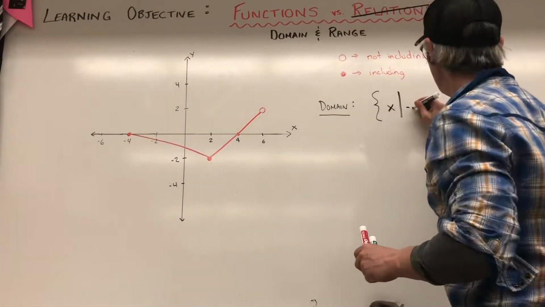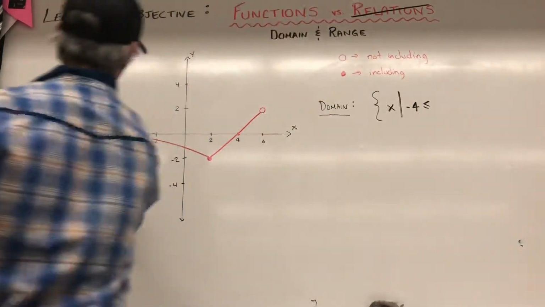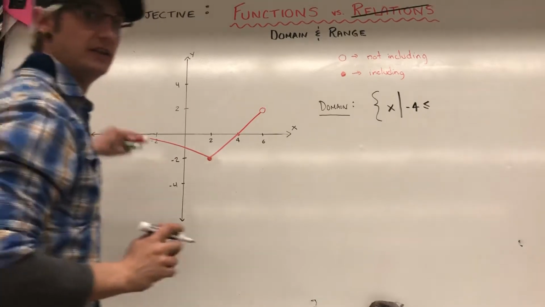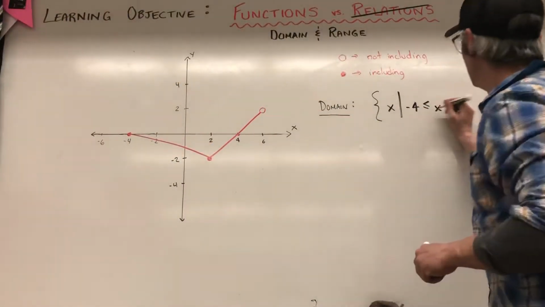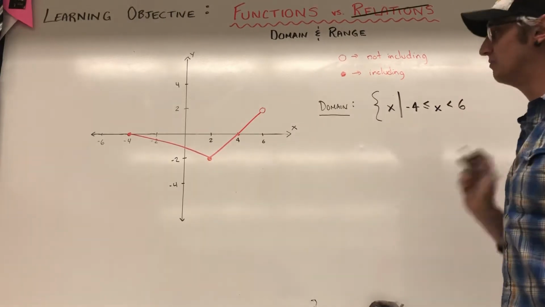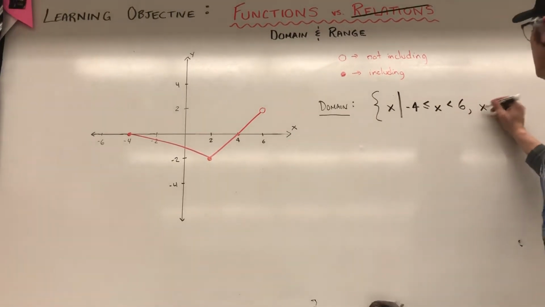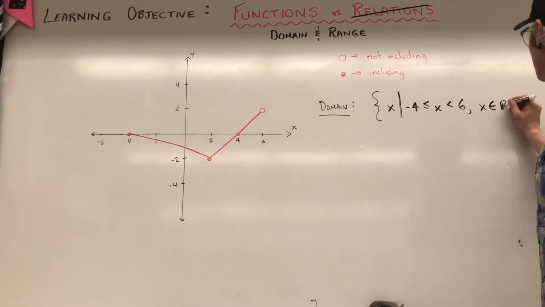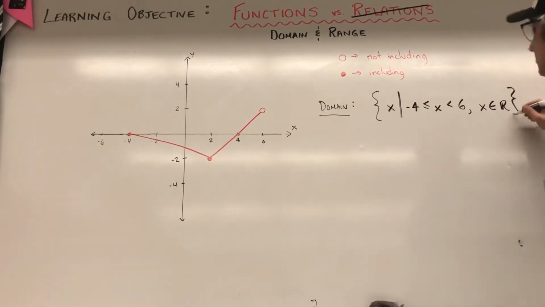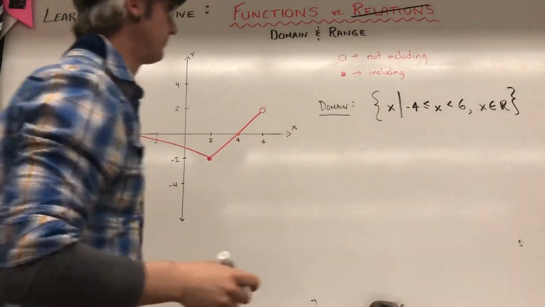So x has to be greater or equal to -4 because it's filled in, and then x has to be smaller than positive 6. It can't be equal to 6. And then we always finish it off with x is a real number, because it's continuous, so it's anything along there.